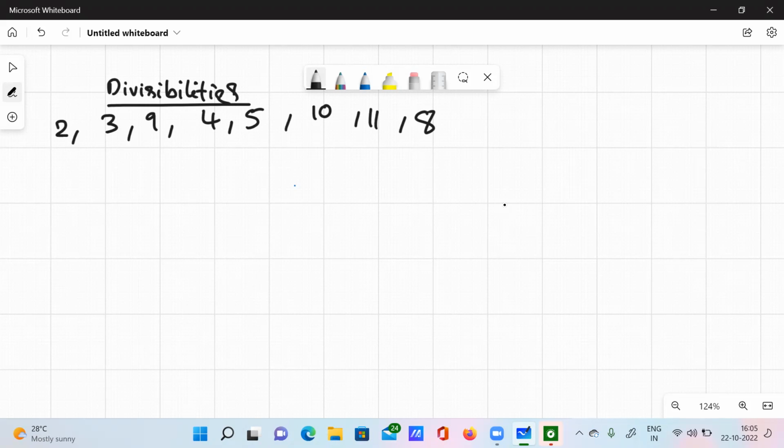So first of all, let's have a look at this particular number, that is 2. What is the condition for which a number has to be divisible by 2?